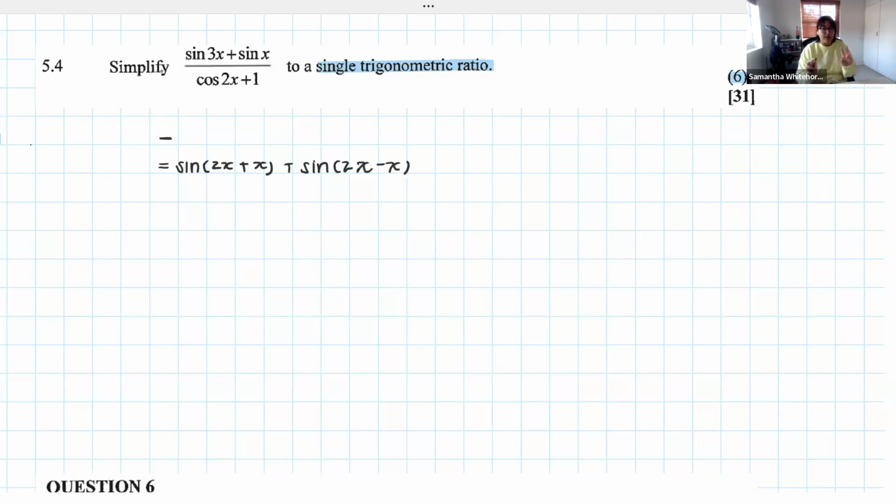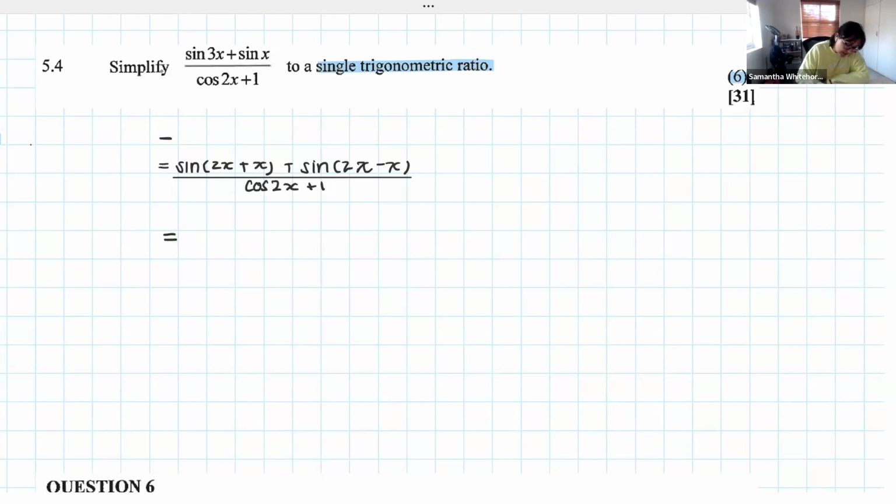That already in my numerator is now the same angle. I'm only working with 2x's and x. In my denominator, I've got a 2x, that's a double angle. And generally, whenever I've got a cos double angle, I leave it because I don't yet know which one of the three formulas I'm going to apply. So I just leave it for now. I'll decide a bit later, once I've simplified my numerator, which cos double angle formula I should apply.